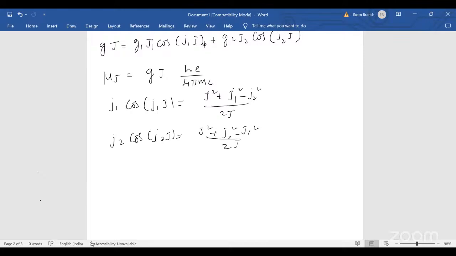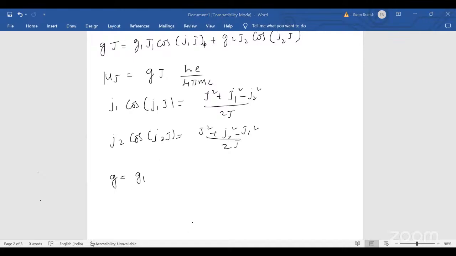Okay. So therefore, if you want the G value, G will be a combination of these two. It is given as G1 J star square, equation 11.4.